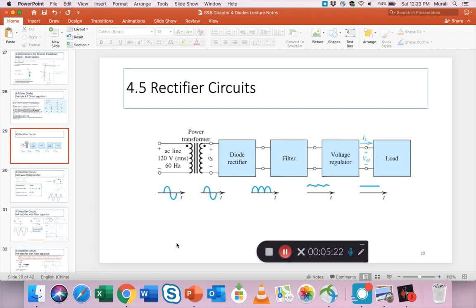And then once you step it down to somewhat closer to 30-40 volts, that's when you introduce the diode rectifier section. The diode rectifier section can come in a variety of forms, and that's what we look at in the rest of this recording, where we talk about half-wave rectifiers, full-wave rectifiers, and so on.